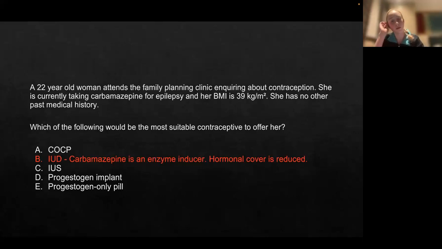So the important thing here was that carbamazepine is an enzyme inducer, and hormonal contraceptives are not very good with enzyme inducers because the efficacy is reduced. So the best, most suitable contraceptive here would be the IUD, the copper coil.